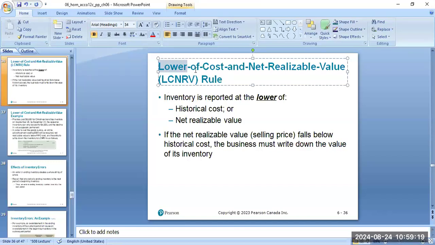Which are the two? The first one is cost, and the second one is the net realizable value. So we have to find the lower of the two, cost, which is historical cost, or the net realizable value. Historical cost, we already know it, that's the money that we paid for the inventory, for the assets, whatever it is. Now, what's the net realizable value?